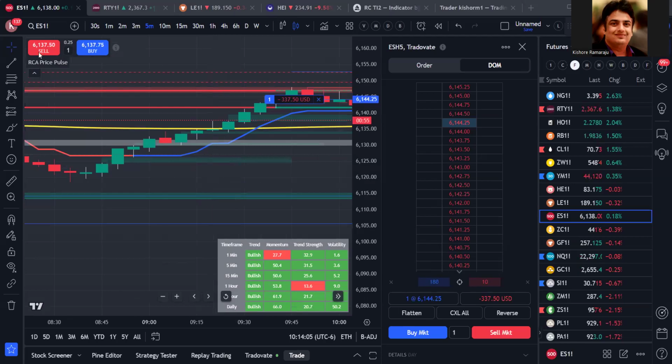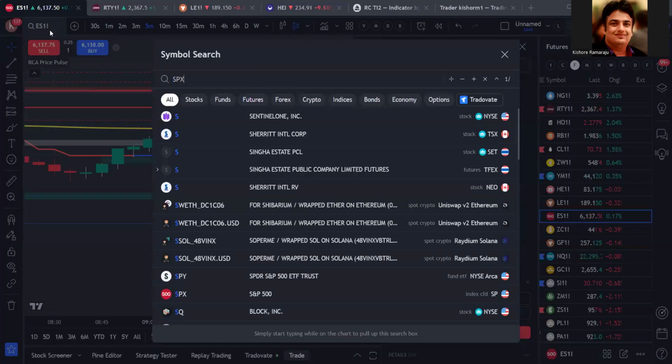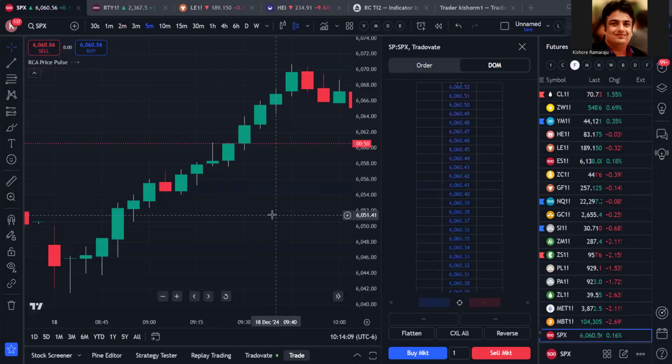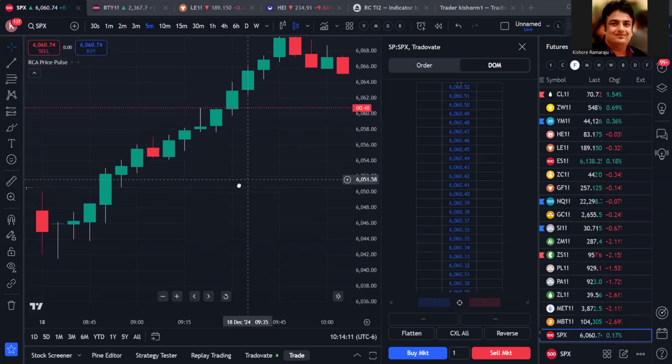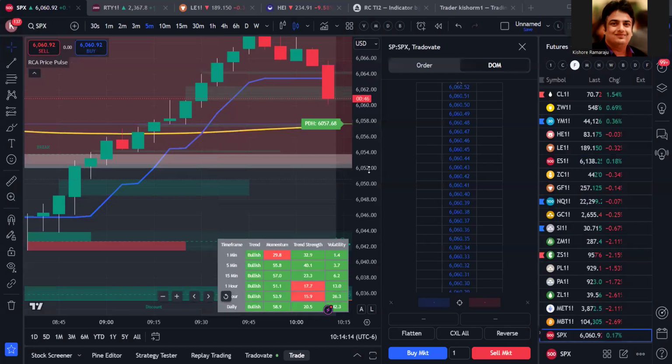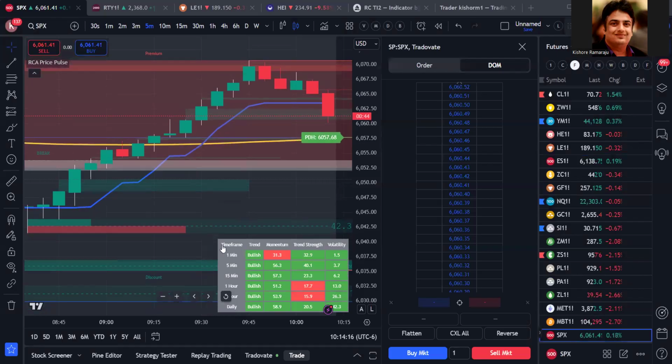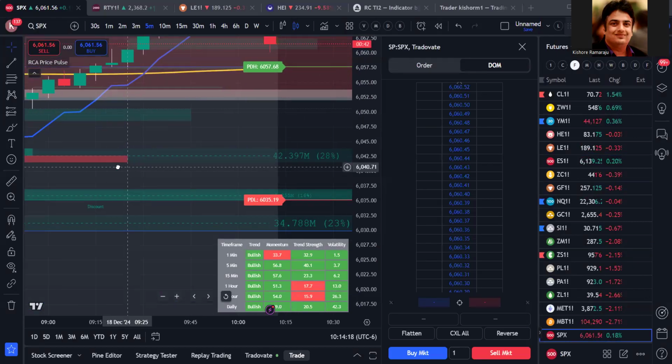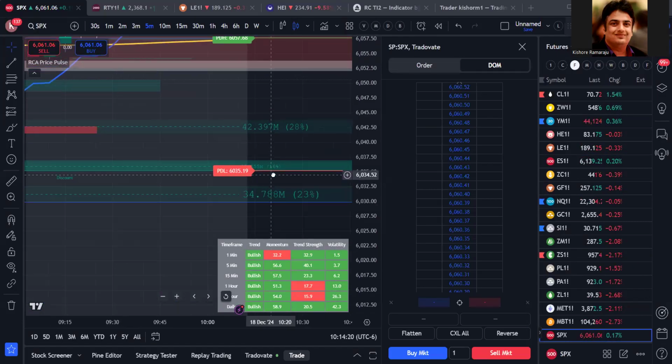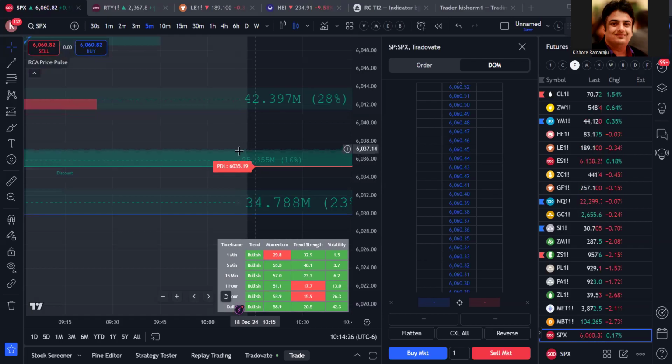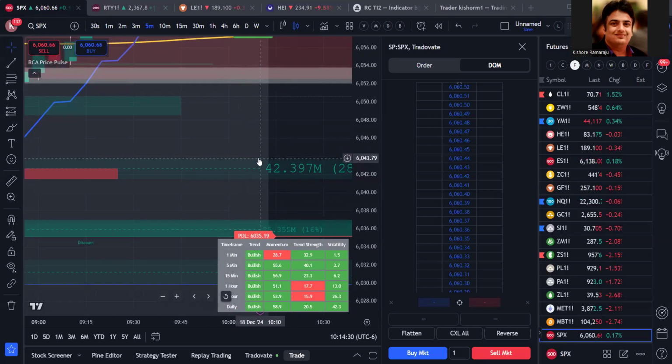Based on that, for example, today morning, SPX. You can see there are nearly 35 million order blocks. They want to buy around this price, or they have 25 million order block, 42 million order block.